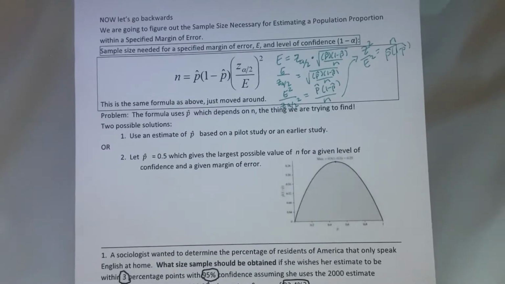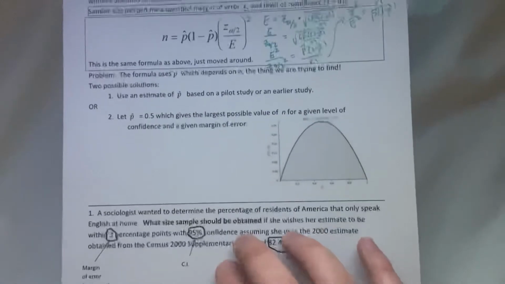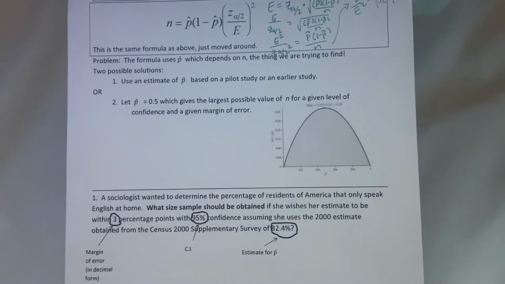So sometimes you know the error ahead of time that you're going to have to be accurate within. This is usually particularly valuable for polling places, like for elections, things like that. So the formula uses p hat, which depends on n. It's the thing we are trying to find. So two possible solutions are to use an estimate of p hat. If someone has done the study previously, you can use their p value as p hat.